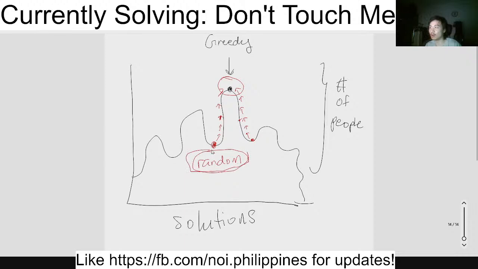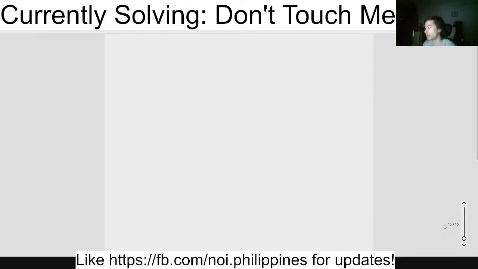If at all starting points, regardless of where you start, you just keep going up as you transform it to the greedy solution, the greedy solution has to be the best one, because from anywhere you start, you keep going up and you reach greedy, then the greedy is at the top. So that's the idea.